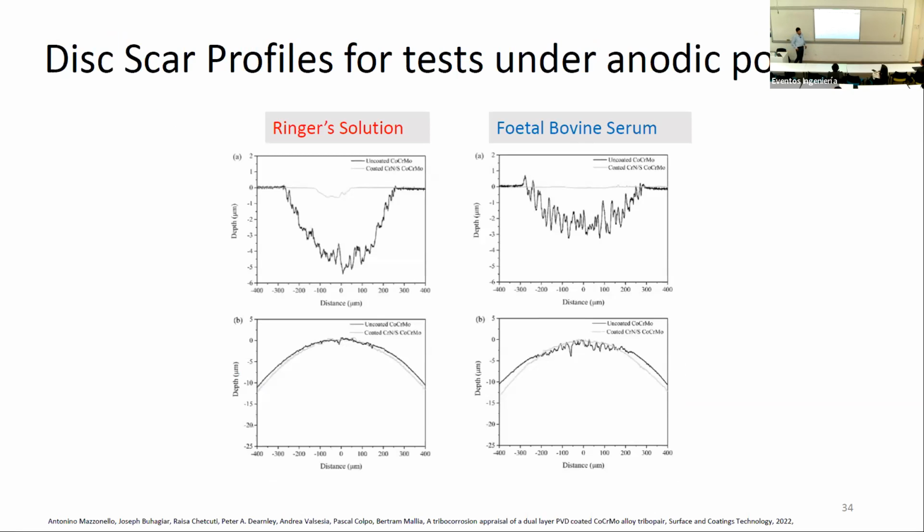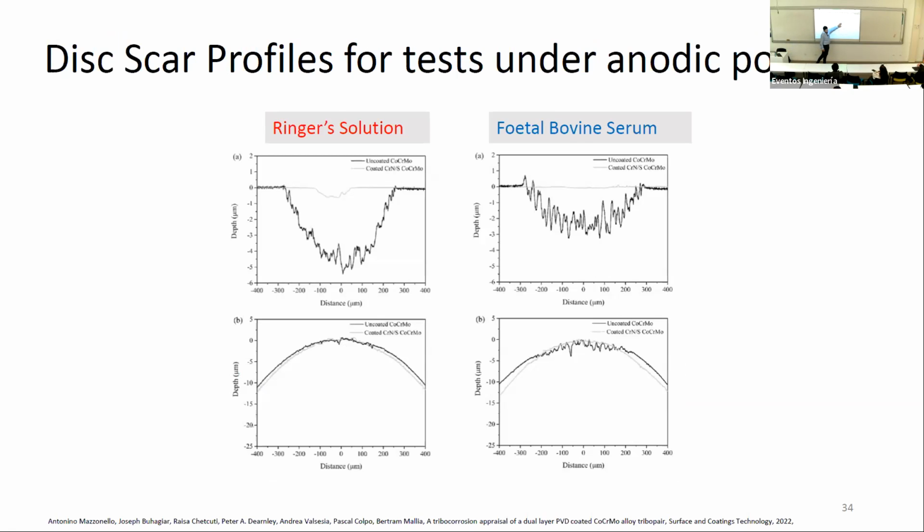This is some 2D profiles in fetal and in Ringer's. So this is a 2D profile using a profilometer across the wear scars. We're seeing chrome nitride tribopairs, very little loss. The untreated, we're getting much bigger losses.